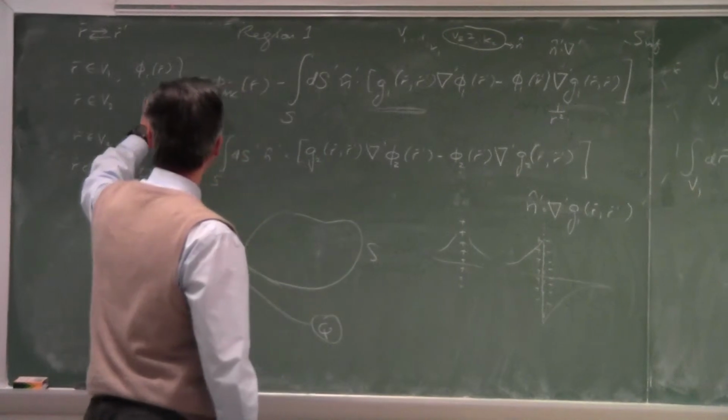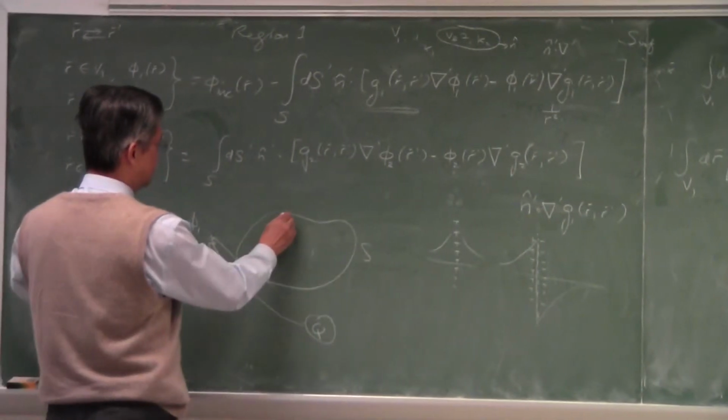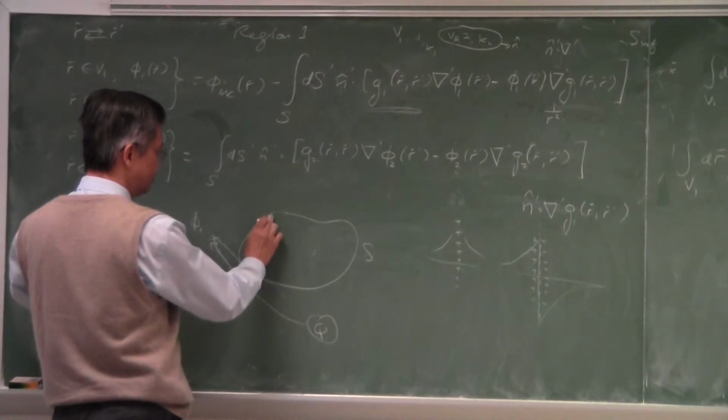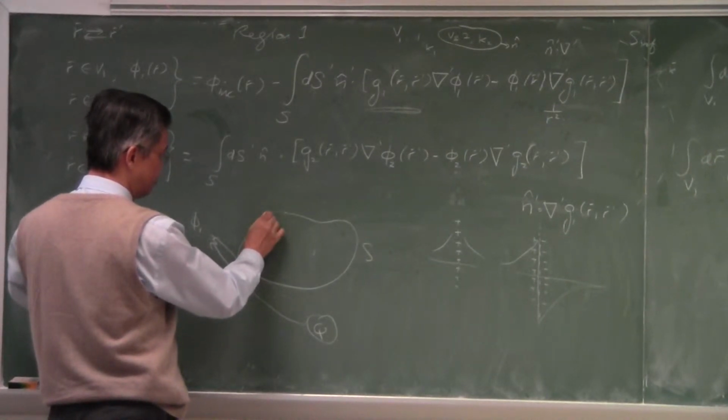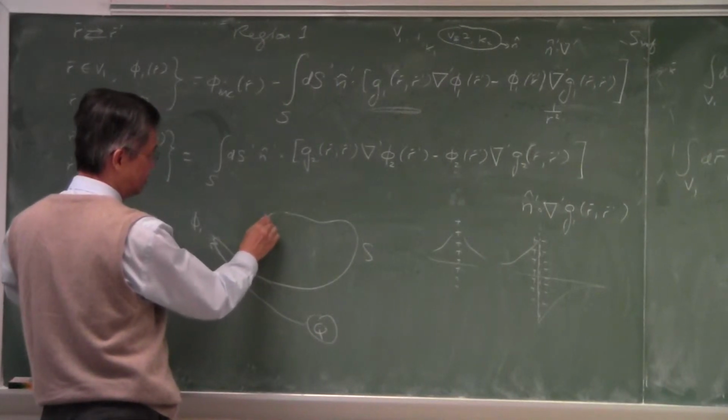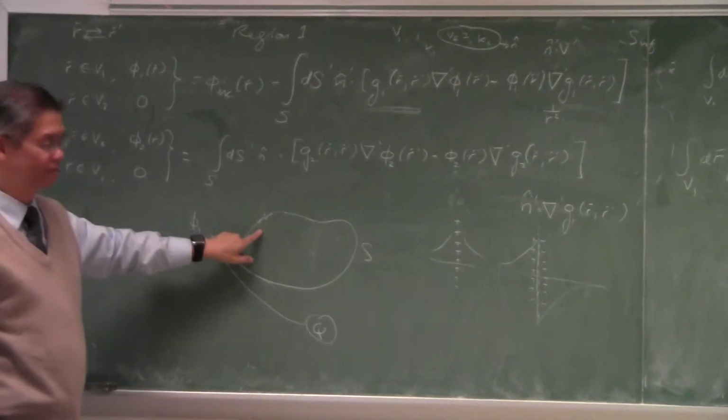So if you are in region 1, and your observation point is very close to that surface, in order to evaluate the field, it's better to detour around the surface and do an integration that looks something like that.